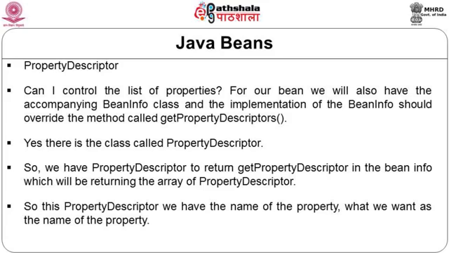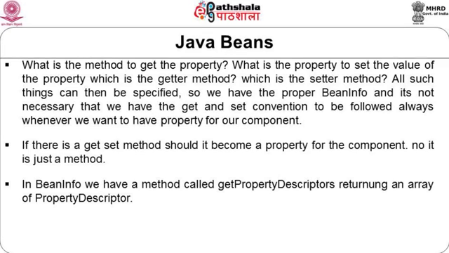In the PropertyDescriptor we have the name of the property, what we want as the name of the property, what is the method to get the property, what is the method to set the value of the property, which is the getter method, which is the setter method, all such things can then be specified.